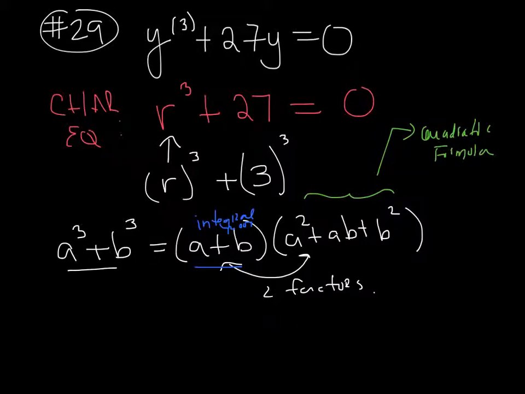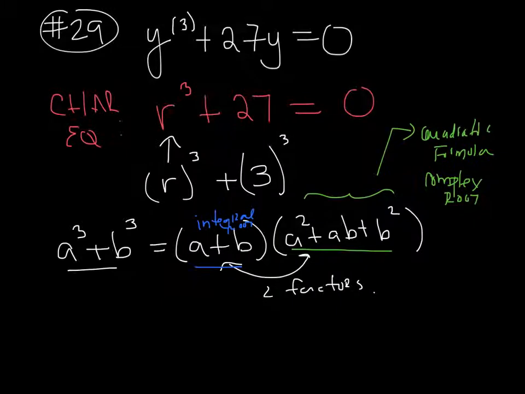This actual expression is not factorable over the real numbers, so you are going to get a complex root. When you have a sum of two cubes, you'll get that complex root.